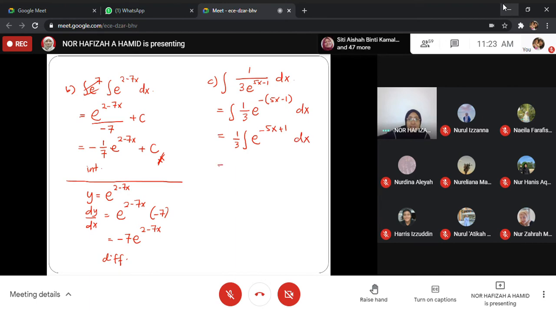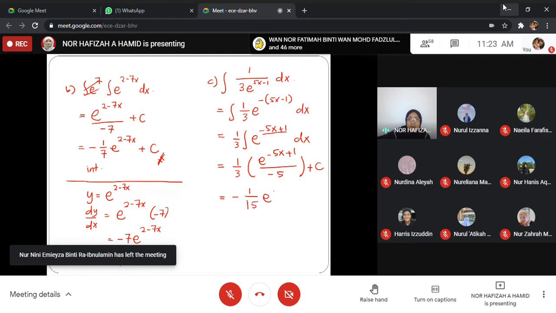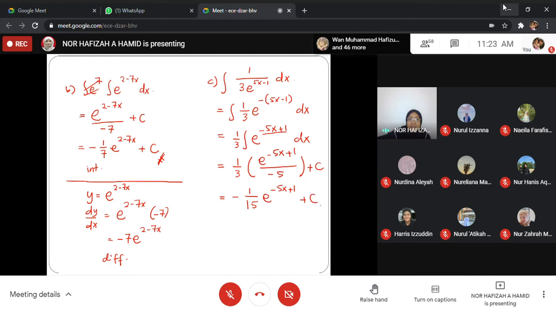Okay, so saya nak integrate ni saya solve using formula sebab you punya power tu is linear. Okay, so 1 over 3, kalau use formula, first you copy and you kena divide dengan negative 5. So plus c. Okay, equal to negative 1 over 15 e to the power of negative 5x plus 1 plus c. Okay, so ini for C.